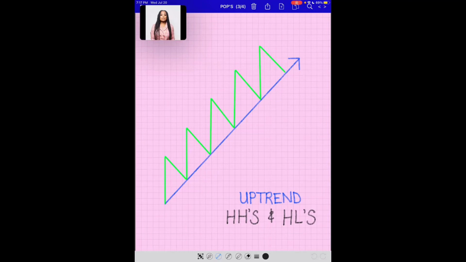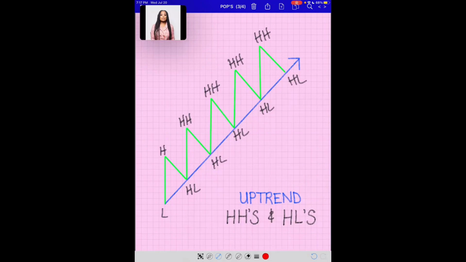Now, hopefully you guys remember that the characteristics of an uptrend are higher highs and higher lows, right? We got our low, we got our high, we got our higher low, we got our higher high, we have our higher low, our higher high, higher low, higher high, higher low, higher high, and our final higher low.